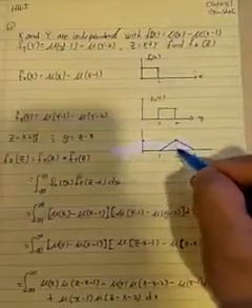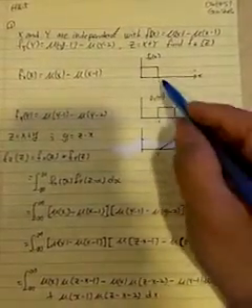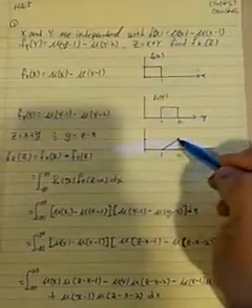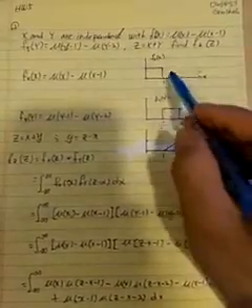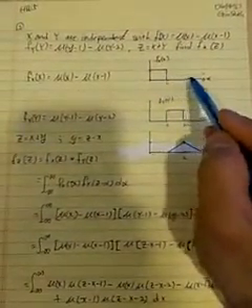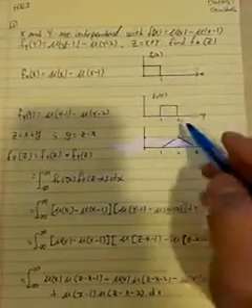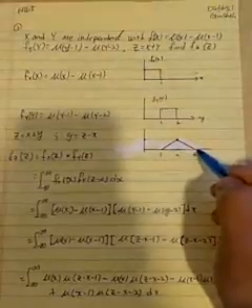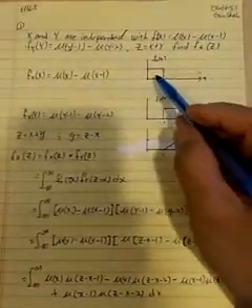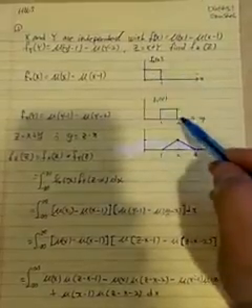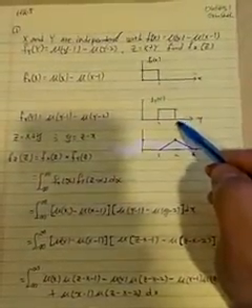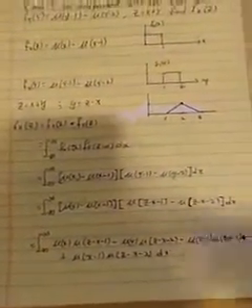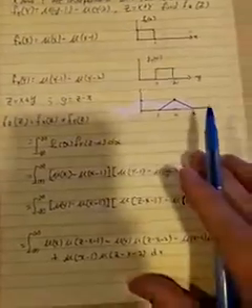When this one moves to here, it is 1 here, and then f of x continues to move forward and the shape decreases to 0 until f of x is totally out of position 2. So that's the geometry approach.